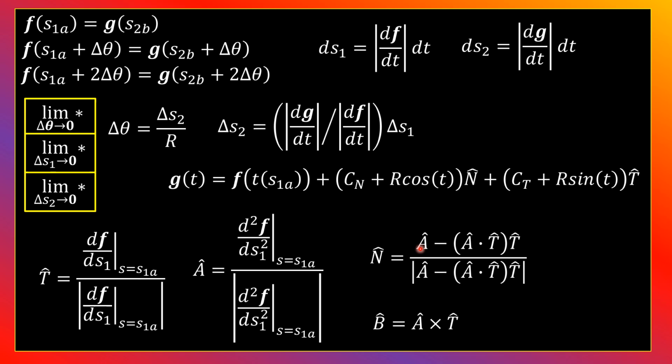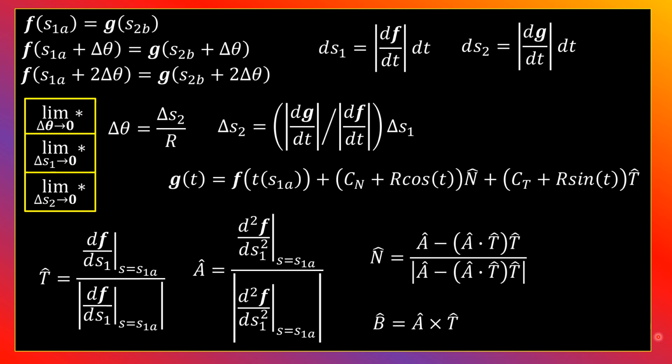It's basically the perpendicular component of a hat relative to t hat, where you take a hat minus its projection onto t hat to get the orthogonal component.